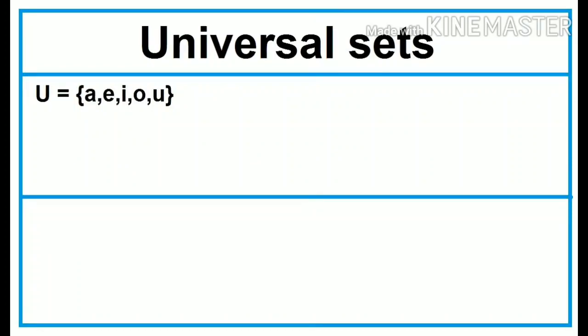Then we take some other sets which are subsets of U. A is equal to {A, E, I} and B equal to {I, O, U}. Here A and B are subsets of the universal set U. So U is called the universal set.